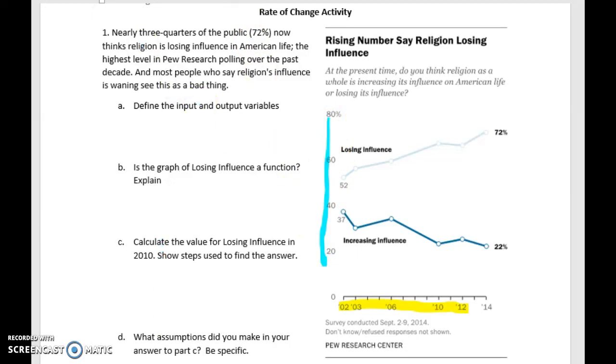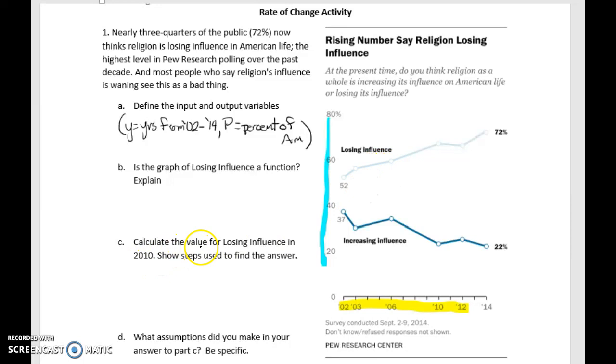So we can state that the input is y equal years from 02 through 14, and the output is the percent of Americans. This does represent a function because for each year there is a unique percentage for either the increasing influence, or if we look at this graph, a unique percentage for losing influence.